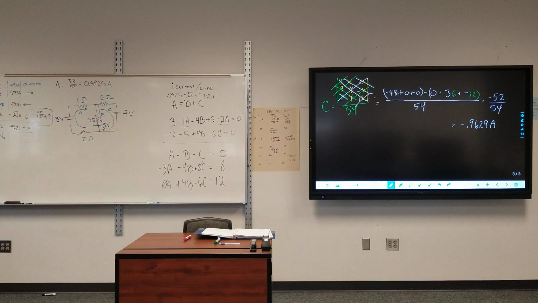There's a mistake somewhere. It's one of those frustrating things about these problems. So the question is, is there a problem with our equations? Is there a problem with the math we did after that? It's really hard to tell right now.